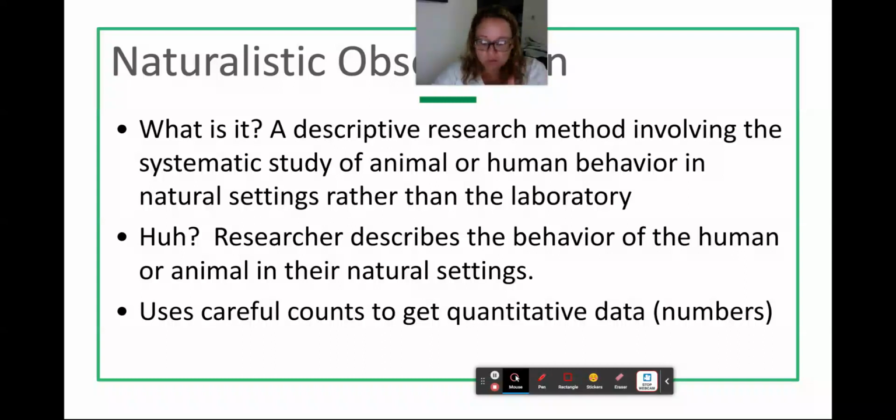Next bullet under that is that there is no interference from the researcher. The researcher does not interfere with the participants. Next, it allows the researcher to see someone's natural behavior, how people actually behave.